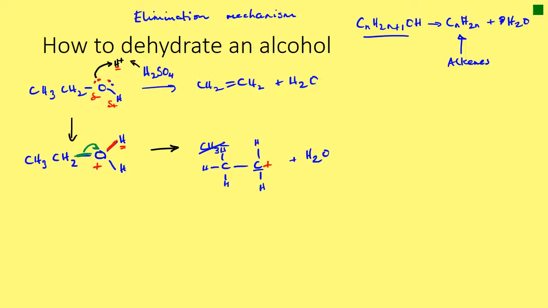Let's take this bottom hydrogen. Those electrons are going to be drawn off and make that bond there, and so this carbocation becomes like this.